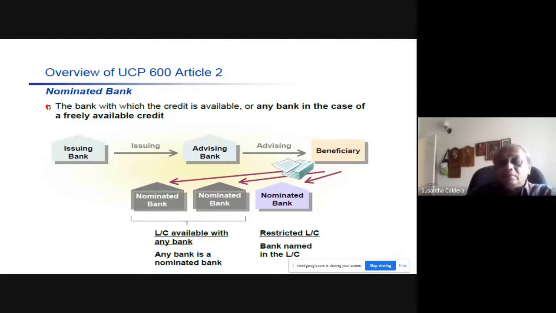Right. Then if I say the LC is nominated to Standard Chartered Dubai, can National Bank of Dubai negotiate the document? Can't.